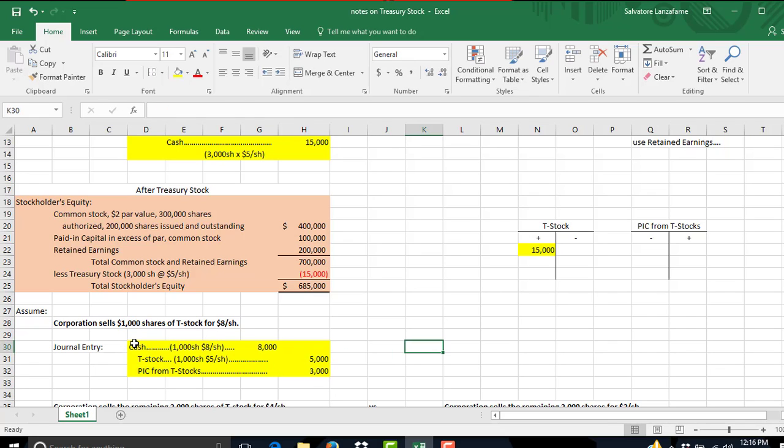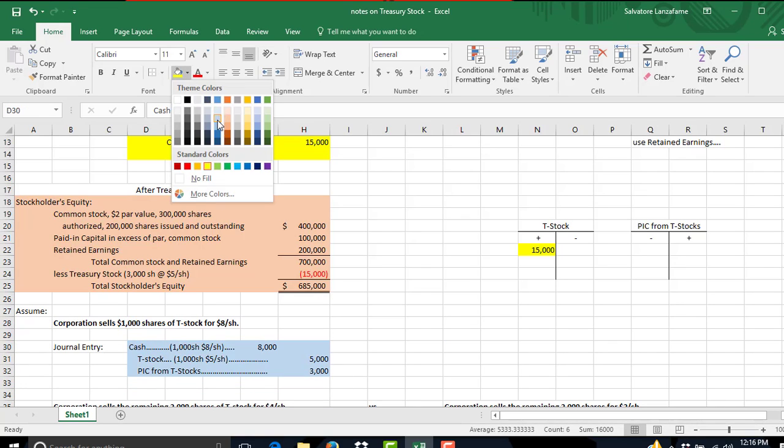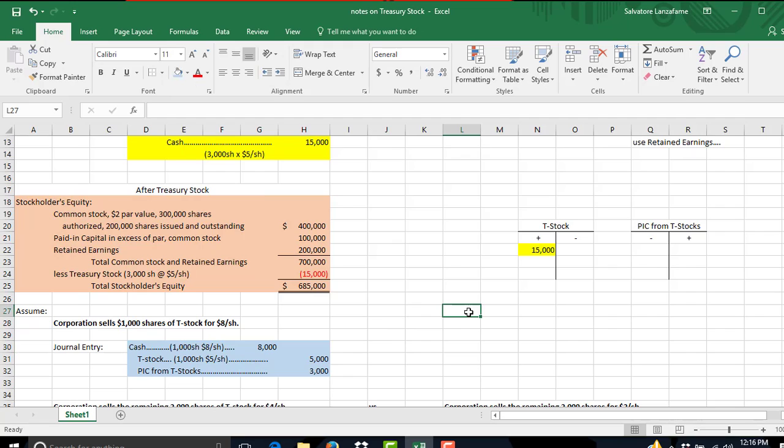Okay, let's put this in a different color. If I were to post this information, I credit my treasury stock for 5,000. This account currently has a debit balance of 10,000, which is 15 minus the 5.